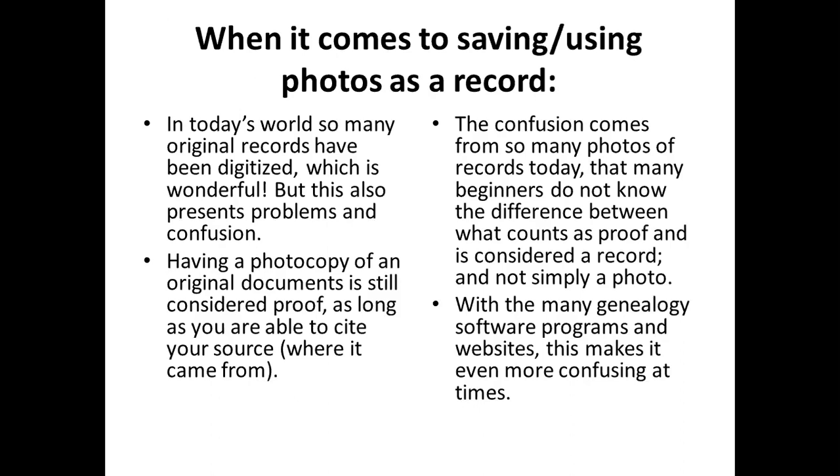So having a photocopy of an original document is still considered proof as long as you are able to cite your source so you know where it came from. The confusion comes from so many photos of records today that many beginners do not know the difference between what counts as proof and is considered a record and not simply a photo. With the many genealogy software programs and websites, this makes it even more confusing at times.